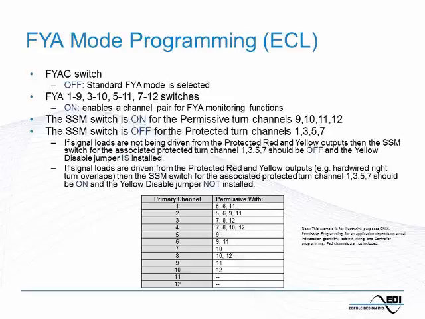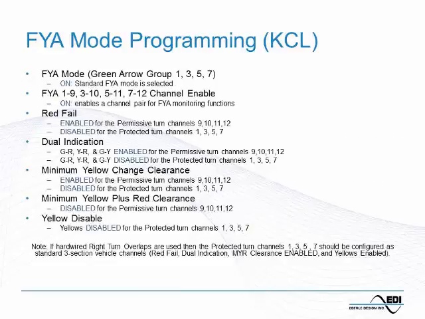All right, and there's a table below that shows how to program the conflict matrix, which channels are permissive with which channels. This assumes a standard 8-phase quad and doesn't include the PED. All right, so the next slide shows the same type of programming if we're using the 2018 KCl model.